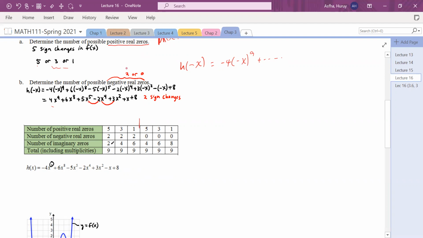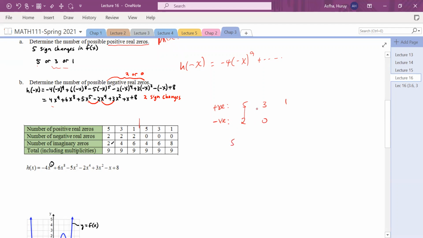And for the second one, we have either 2 or 0. Let me put it this way. For the positive, we have either 5, 3, or 1. For the negative, we have 2 or 0. Okay, so I will write this in combination.